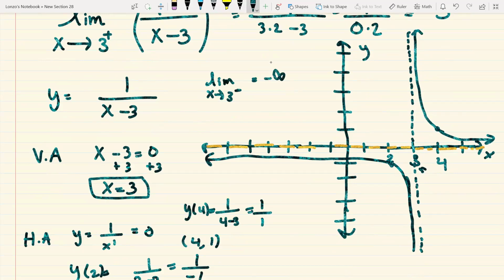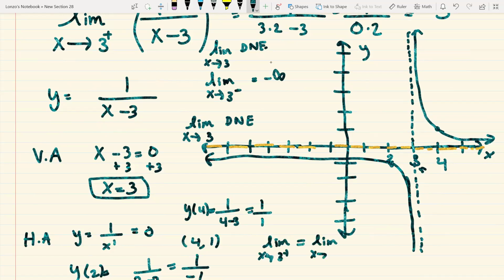This is called one-sided limits, and we'll go more in depth with limits. But I just want to say that the limit as x approaches just regular 3 does not exist, because the limit as x approaches 3 from the right must equal the limit as x approaches 3 from the left.